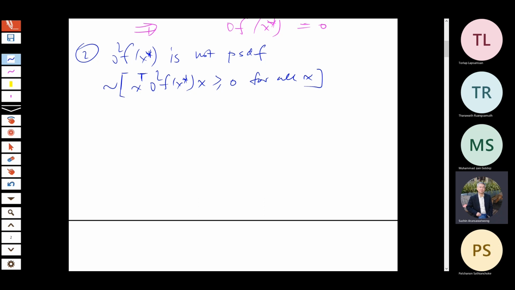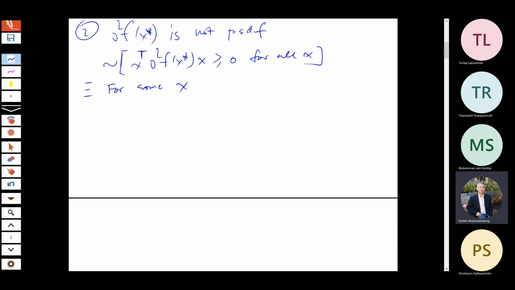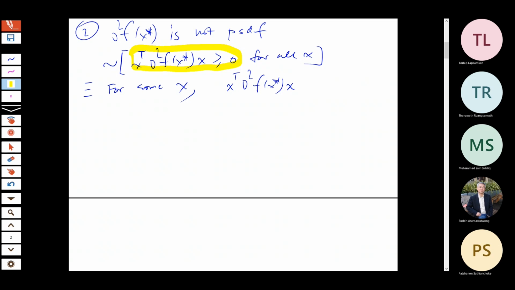The negative is that there exists some x for which this fails.